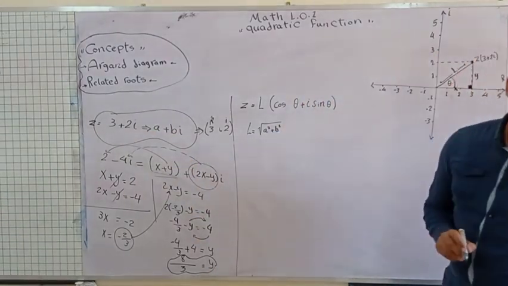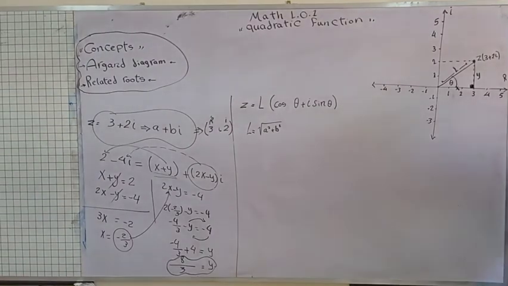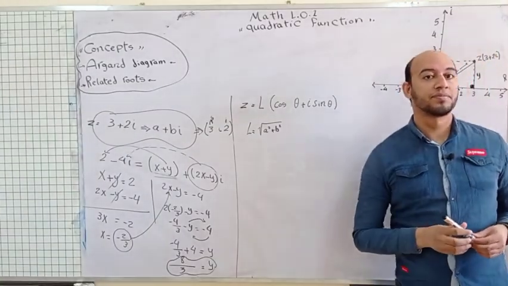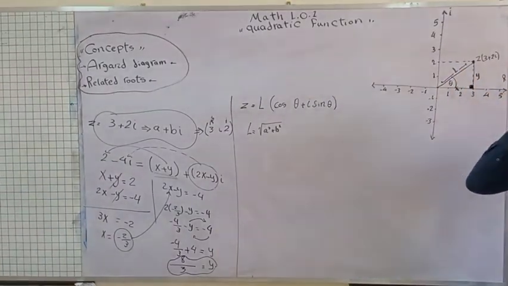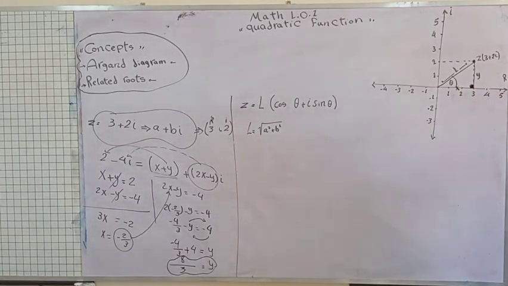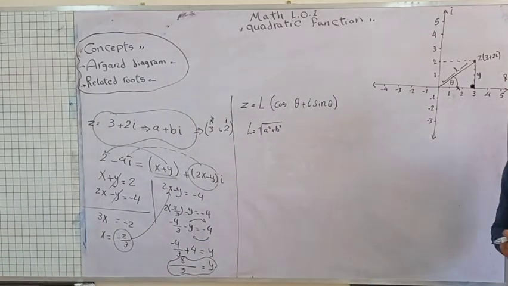Then we can get L from the algebraic form. Now, how can I get theta? The argument. We can get theta by trigonometric functions using tan.